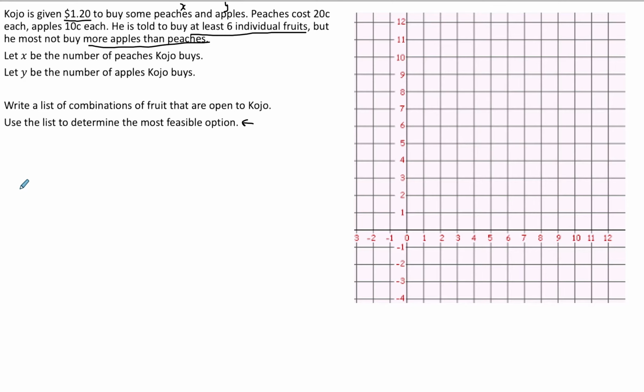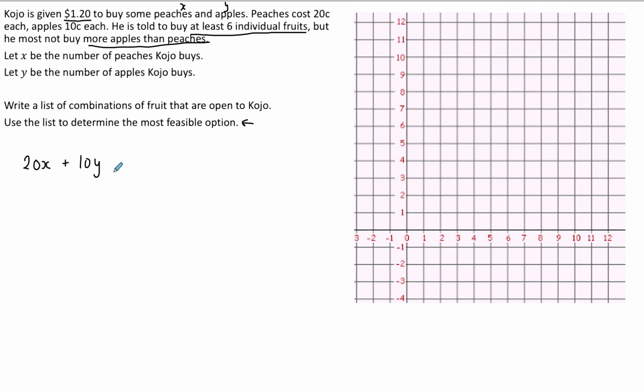What you're going to do is first write down your inequalities. The first inequality is associating it with the price here. If I buy X peaches, then they're going to cost me 20 times X cents, and if I buy Y apples, then they're going to cost me 10 times Y cents.